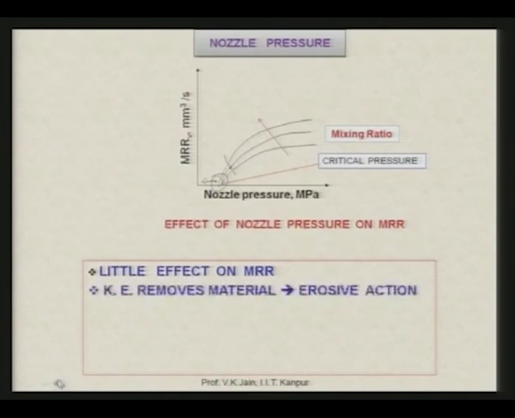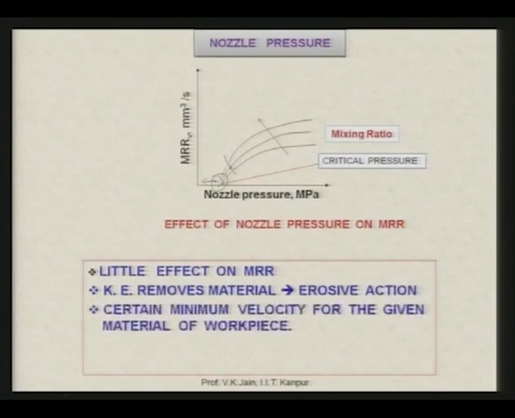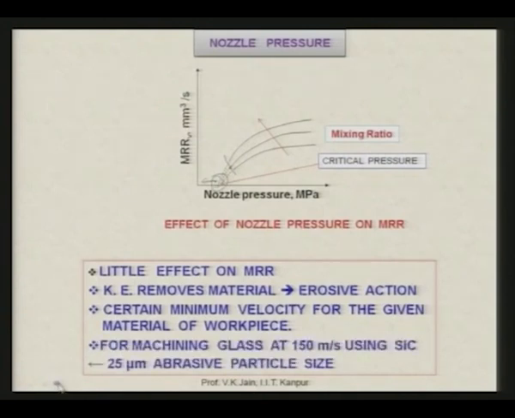Kinetic energy removes the material, and this is responsible for erosive action that we have already discussed. A certain minimum velocity for the given material of workpiece is needed, that I have already explained, that is the critical pressure. For machining glass using silicon carbide abrasive particles of 25 micron size, 150 meter per second is the minimum velocity that you require.